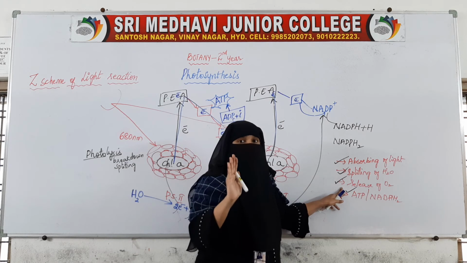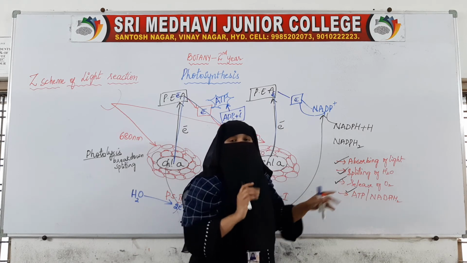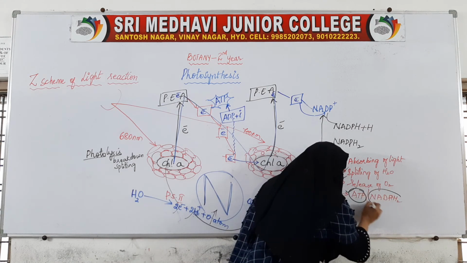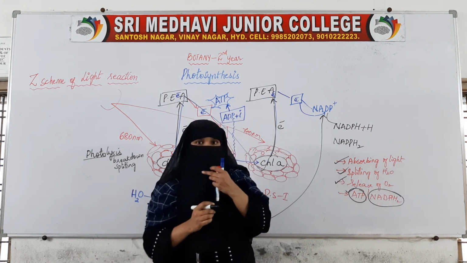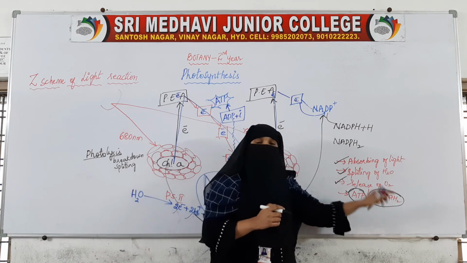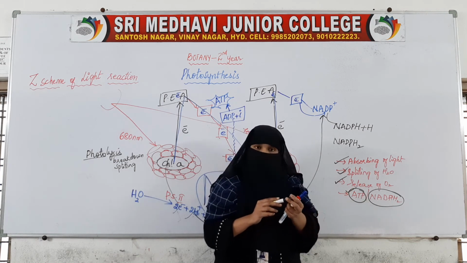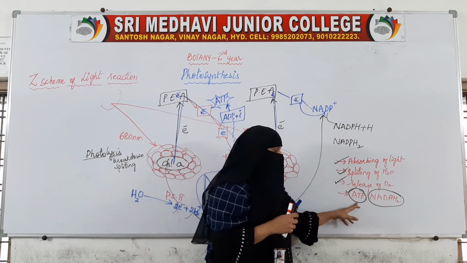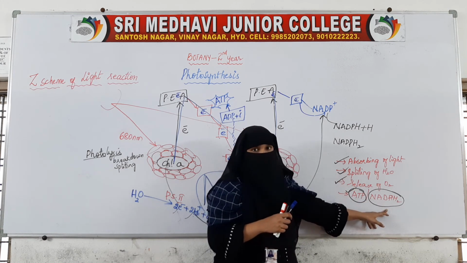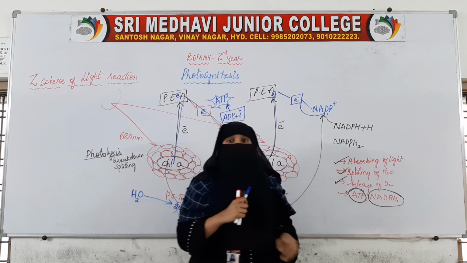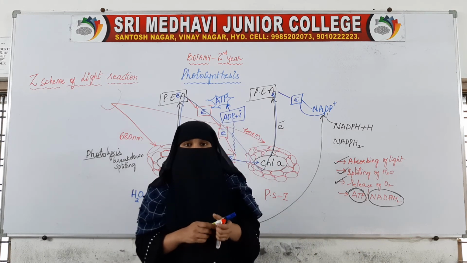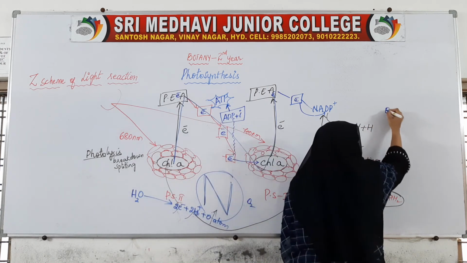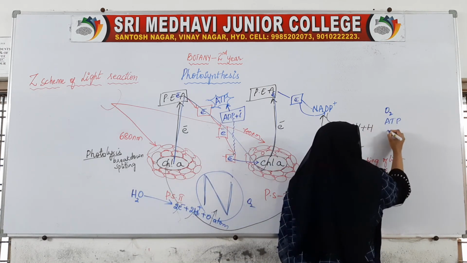The only things left at the end of this light reaction are ATP and NADPH2, the ATP and the reducing power. At the end of the light reaction, what are the products? Oxygen, ATP and NADPH2.